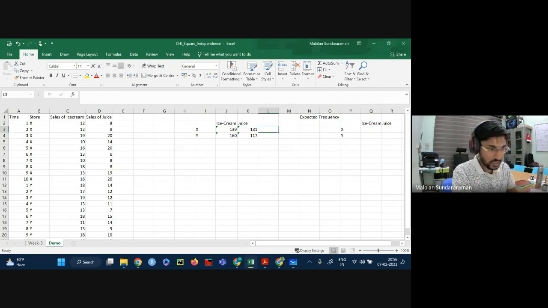To calculate my expected frequencies, I need the row and column totals. So it's going to be this.